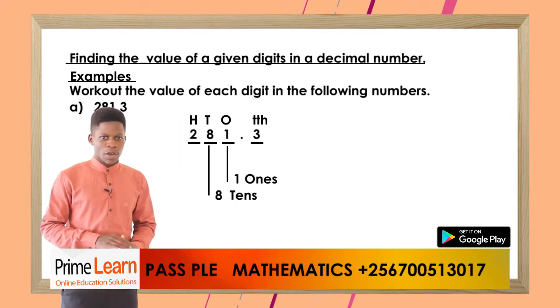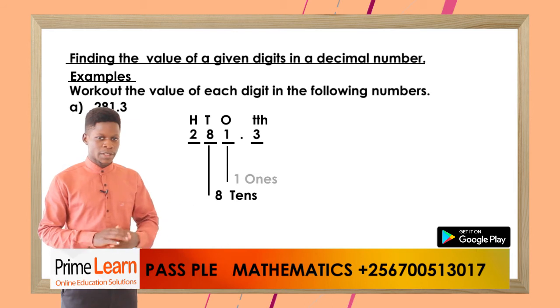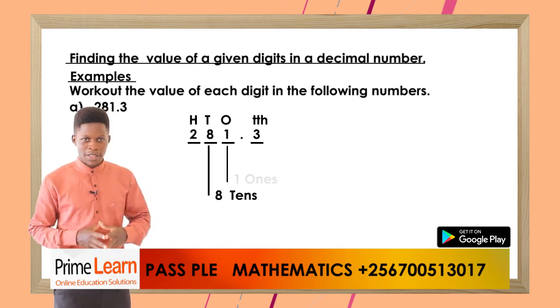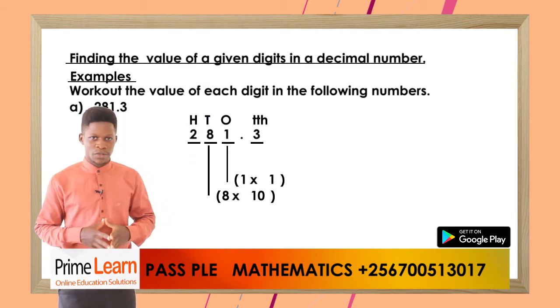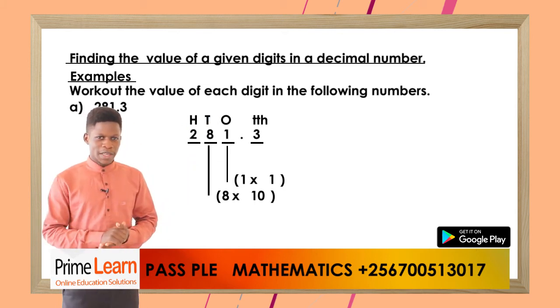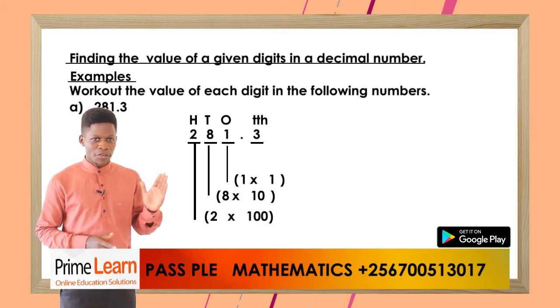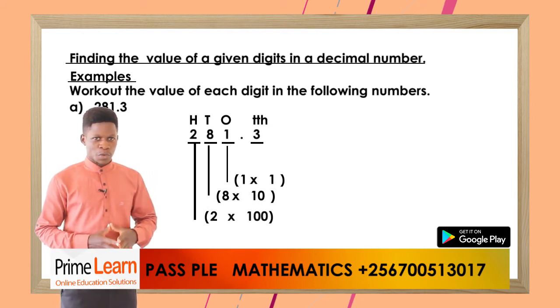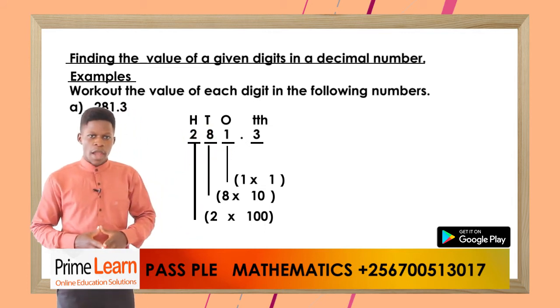Remember, I told you that we can also say that there are 8 groups of tens, and we shall write it as 8 times 10, which is the place value. When you go to the next digit, which is digit 2, it is in the hundreds place value, meaning that there are 2 groups of hundreds, and we shall multiply 2 times 100.